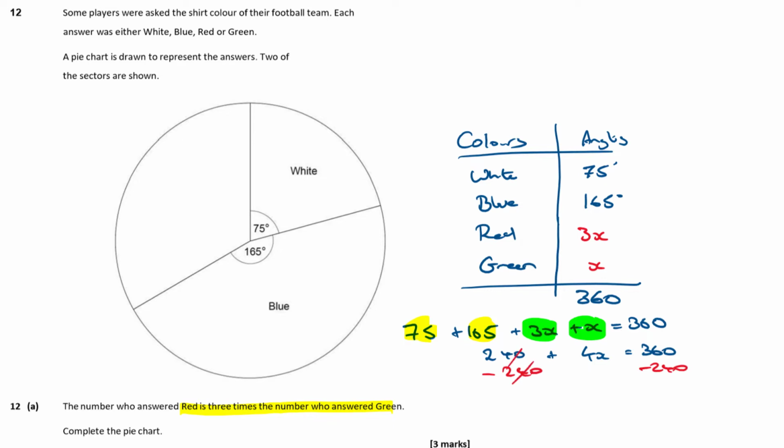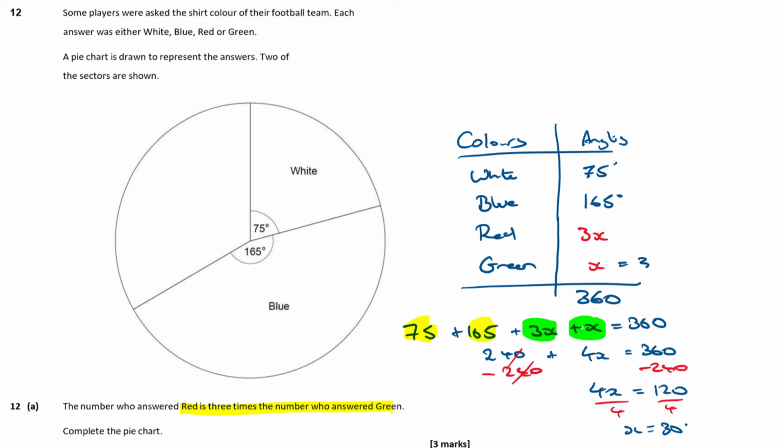So that's going to leave me this time 4x is equal to 360 take away 240, that's 120. So 4x is 120. If we divide that by 4 on both sides, it's going to tell me that x is equal to 120 divided by 4, which is 30 degrees.